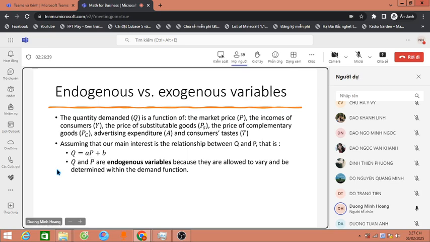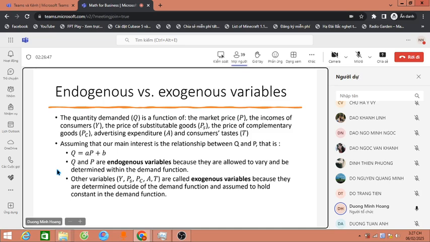Although it largely depends on the price, that is not the only factor that affects the quantity that consumers want to buy. So there could be other variables that affect it. For example, we have income. If you are rich, chances are you would want to buy more. For example, price of substitutable goods or price of complementary goods, which we will touch on later.